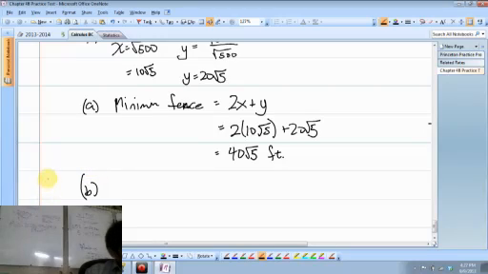Yeah. Part B, what are the dimensions? So dimensions for minimum fencing.